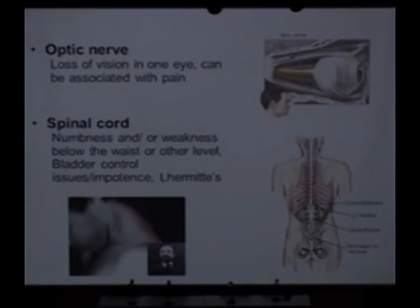Finally, multiple sclerosis can affect the spinal cord, where it runs in the neck, through the chest cavity, even lower down in the lumbar region. Most commonly, it affects the spinal cord higher up. And when lesions form, you can get numbness or weakness, often below a certain level.